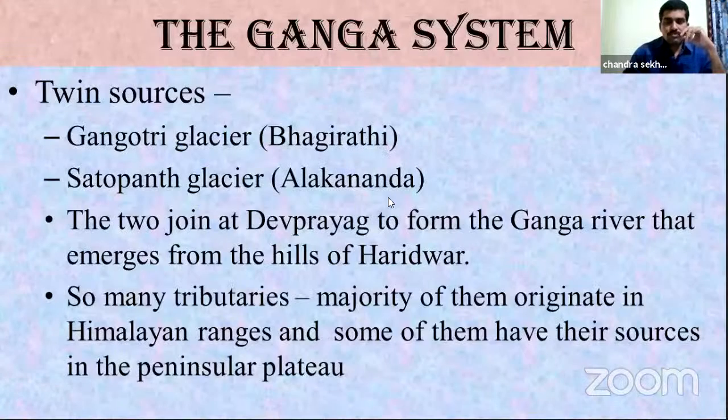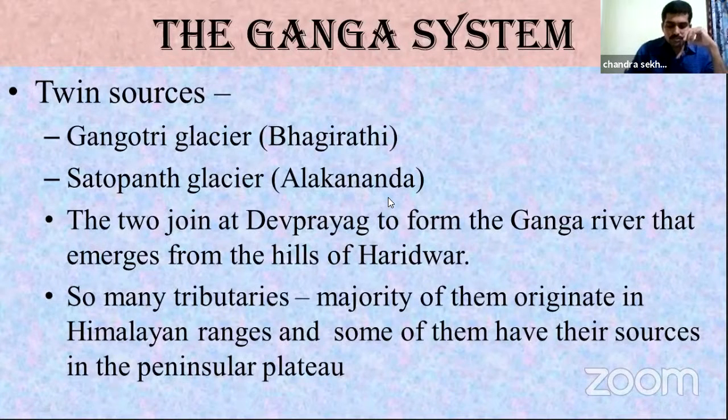Then we will learn another river system, the most important and the oldest river system in India, the Ganga river system. It has two sources. The Ganga river is formed by the joining of two small streams. The first source is the Gangotri glacier.